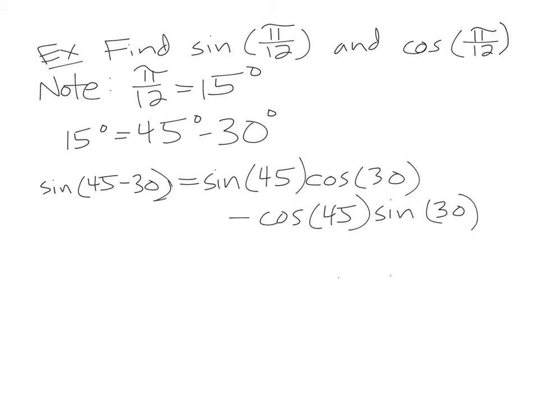All right, and we know all that stuff, right? Those are all known angles on the unit circle. The sine of 45 degrees, the same as pi over 4, is square root of 2 over 2. The cosine of 30 degrees is square root of 3 over 2. That's the same angle as pi over 6. Cosine of 45, again, is square root of 2 over 2. And the sine of 30 is the sine of pi over 6, which is 1/2.